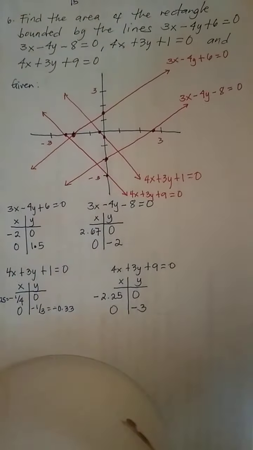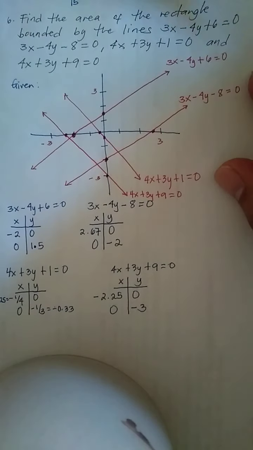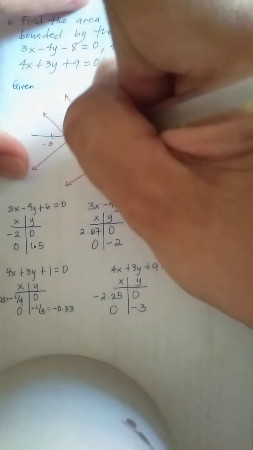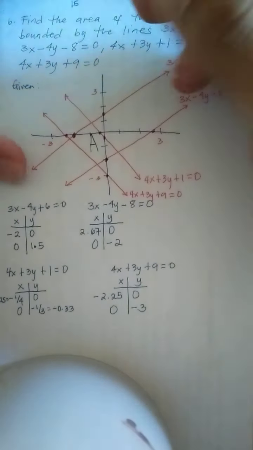According to the problem, find the area of the rectangle bounded by these 4 lines. So this will be that portion. The required is the area.